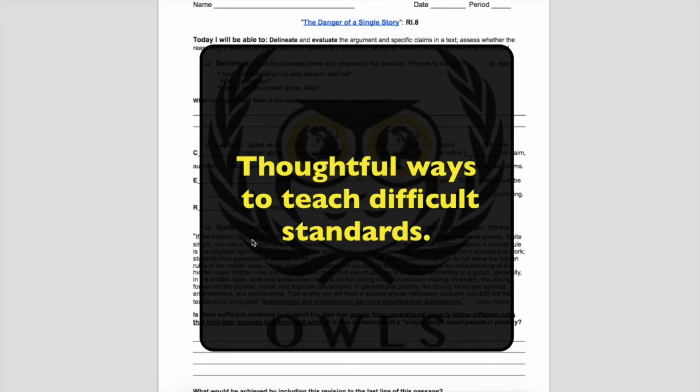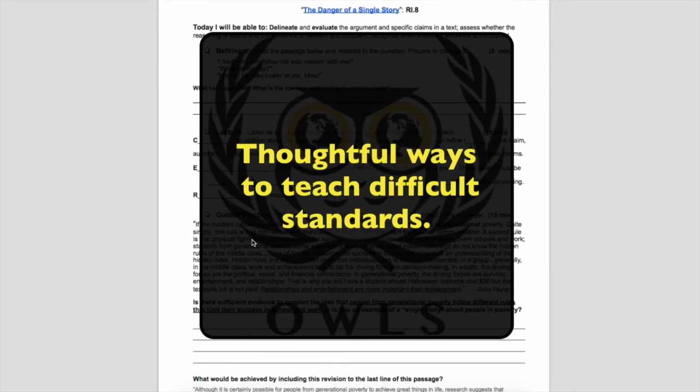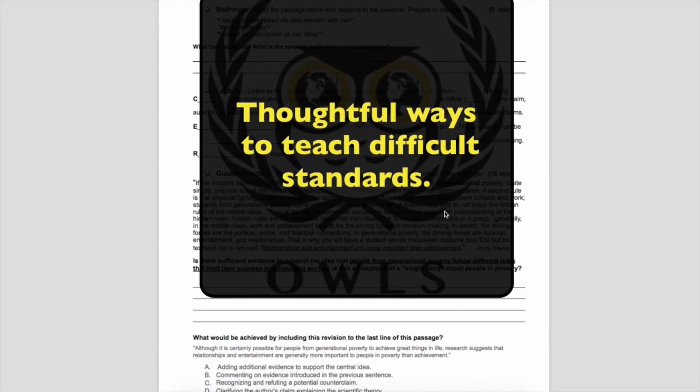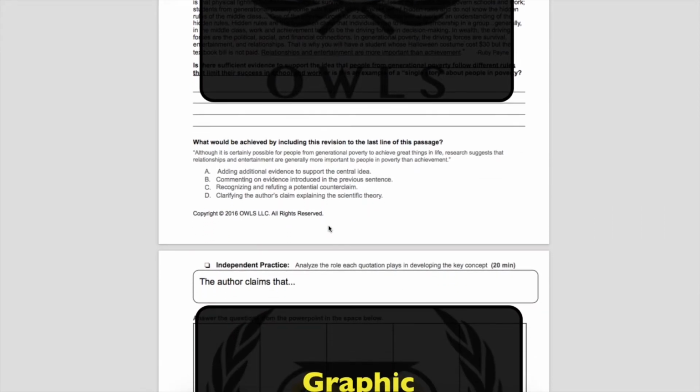There's an activity for RI8, and again, these are thoughtful ways to teach difficult standards. A lot of times students have difficulty with the delineation and evaluation of arguments and claims. This lesson gives a really great idea about how to approach that, but you can use any acronym that you like. These are also made for you to edit pretty easily if you have software that can make changes to PDF files.